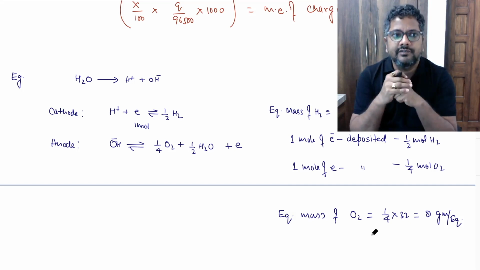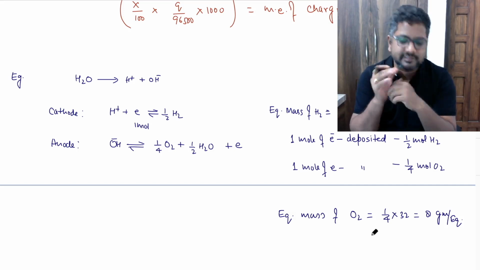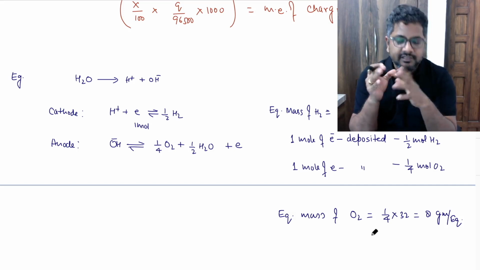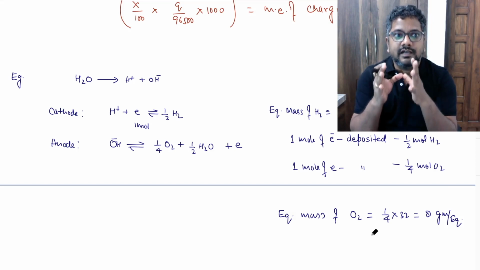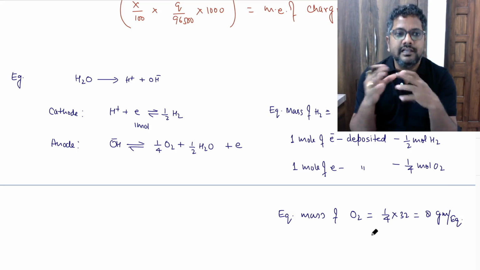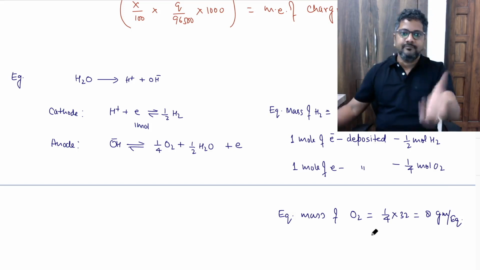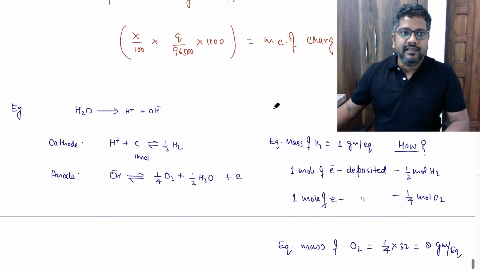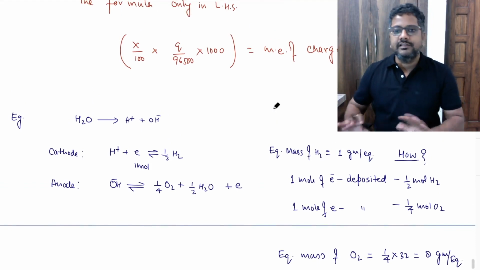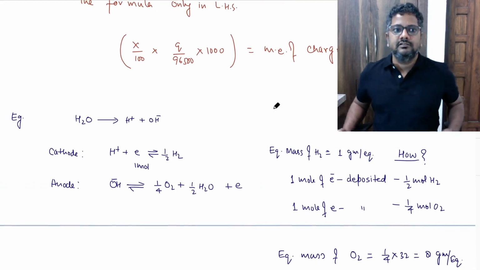All these equivalents, normality, balancing of equation, everything is related to this electron, right? Electron is the key player of chemical reactions and chemical calculations. Whatsoever the mass of any species involved with respect to 1 mole of electron, that is called what? Equivalent mass.